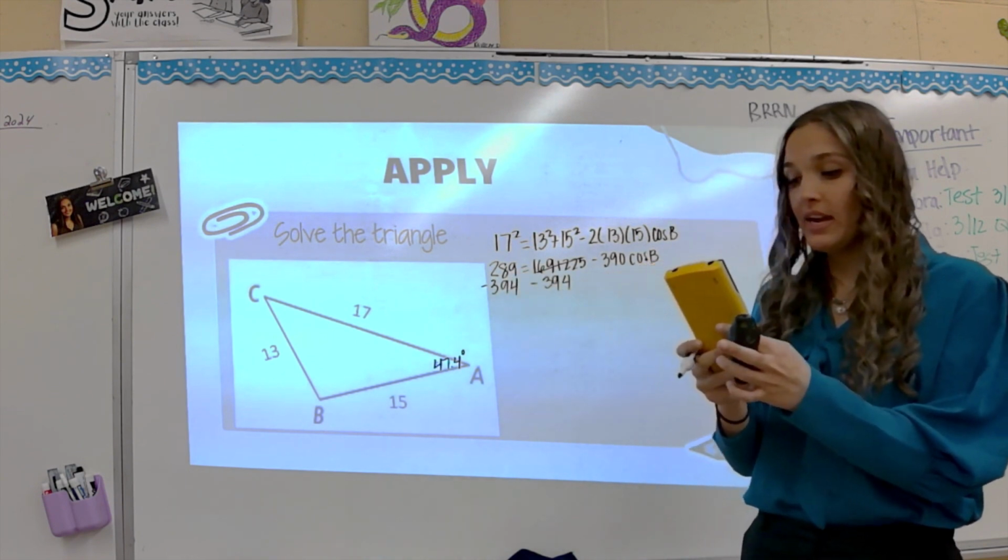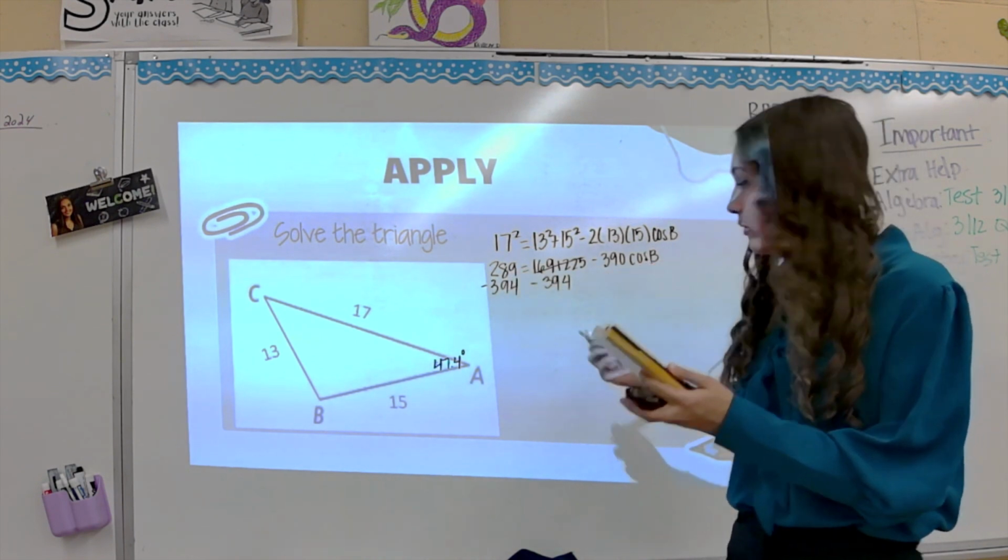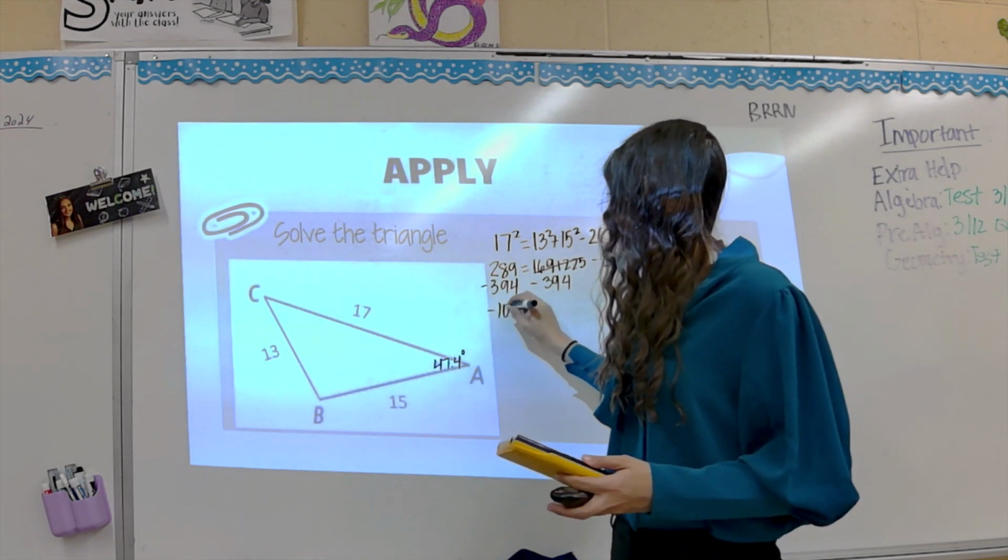So I do 289 minus 394, which is negative 105.